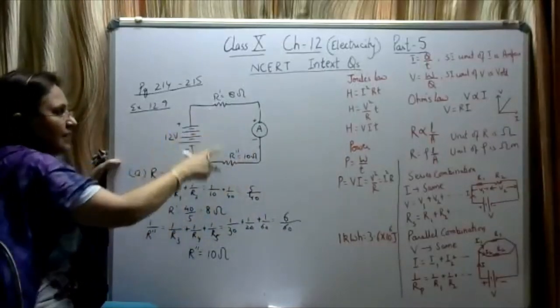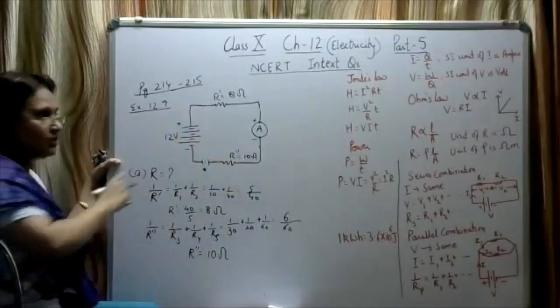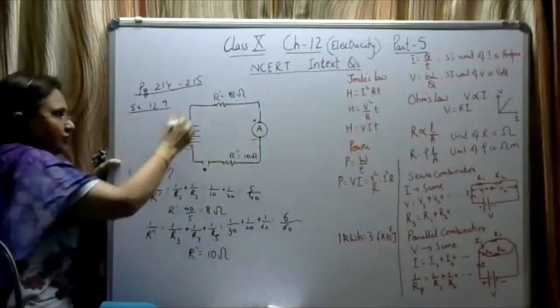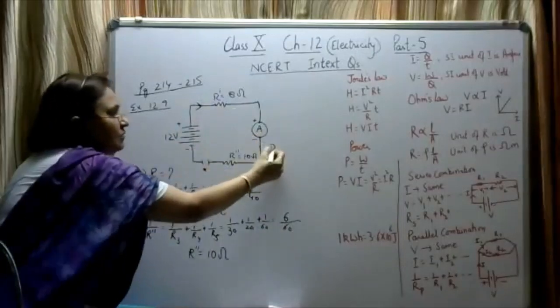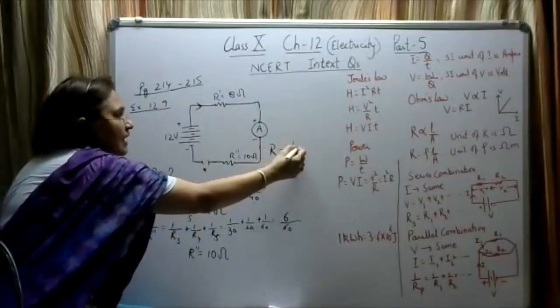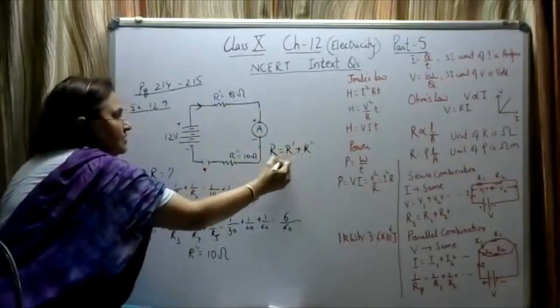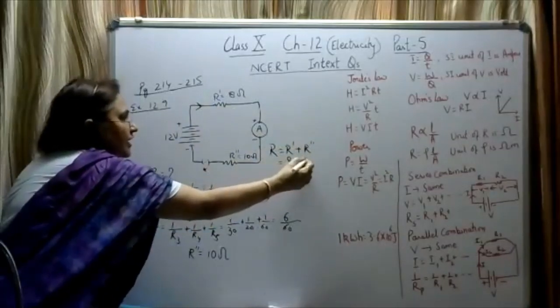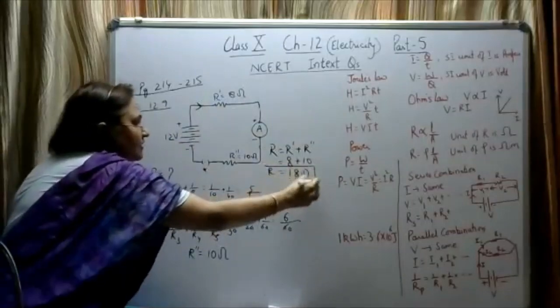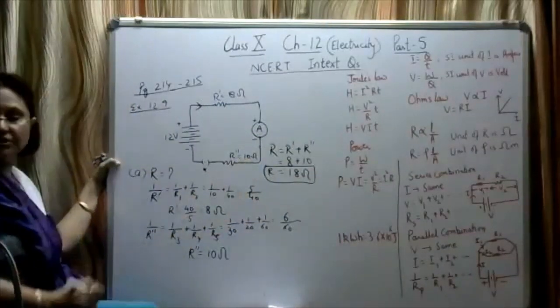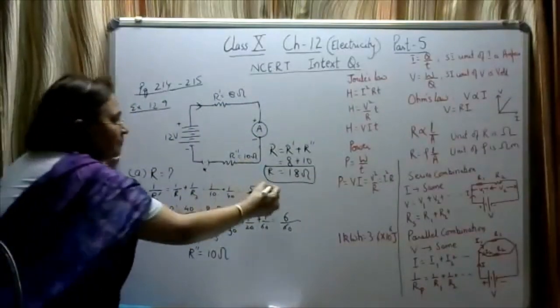Now in the figure, you can see that R dash and R double dash are connected in series, because the same current is flowing through R dash and R double dash. Hence, the equivalent resistance of the circuit is R dash plus R double dash, that is, 8 plus 10, 18 ohms. So the equivalent resistance of the circuit is equal to 18 ohms.